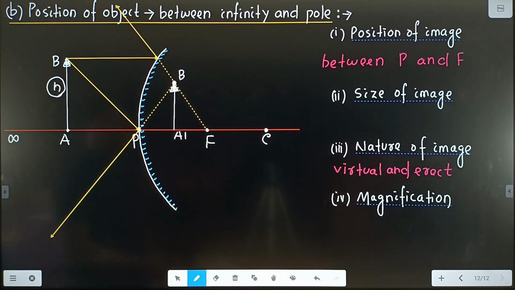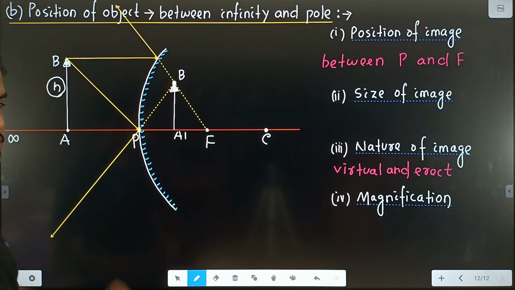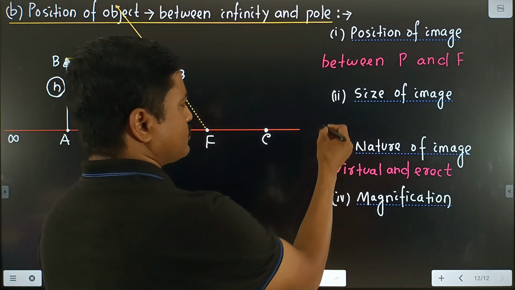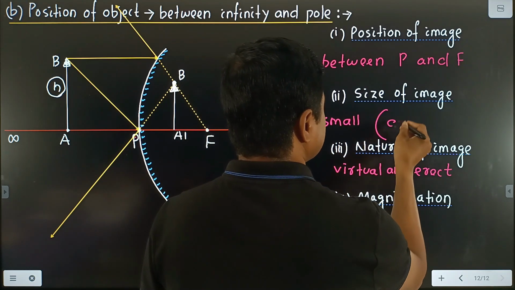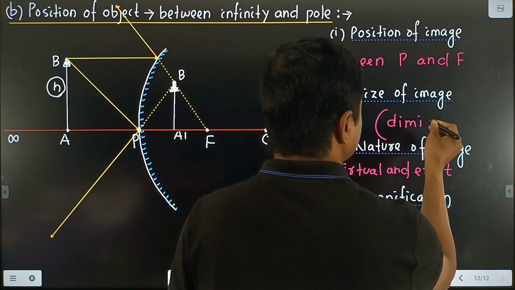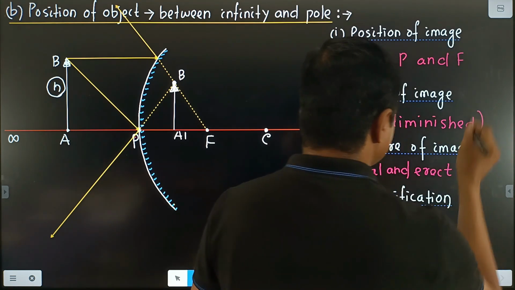What is the size of the image? Look at the figure. The image size is small as compared to the size of the object. So we write a small size. A small size means diminished. A diminished image is formed.